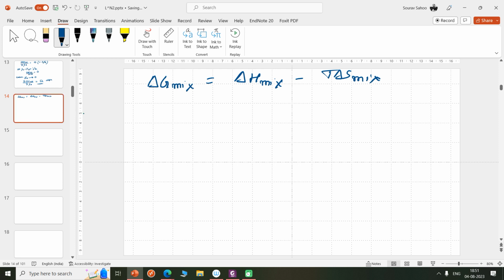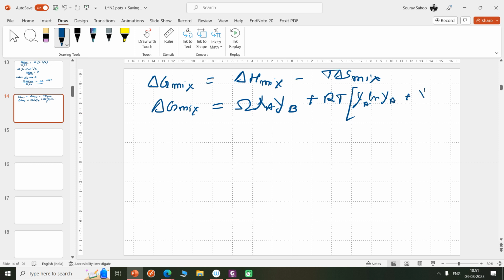What will happen is, the enthalpy term we have seen in the previous case is nothing but omega chi A chi B, and this was already there in our ideal solution case as well: RT chi A ln chi A plus chi B ln chi B, right?